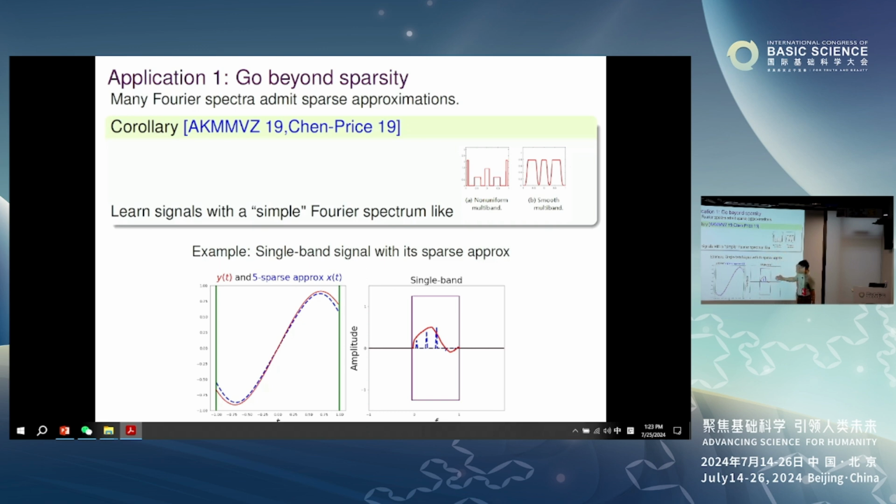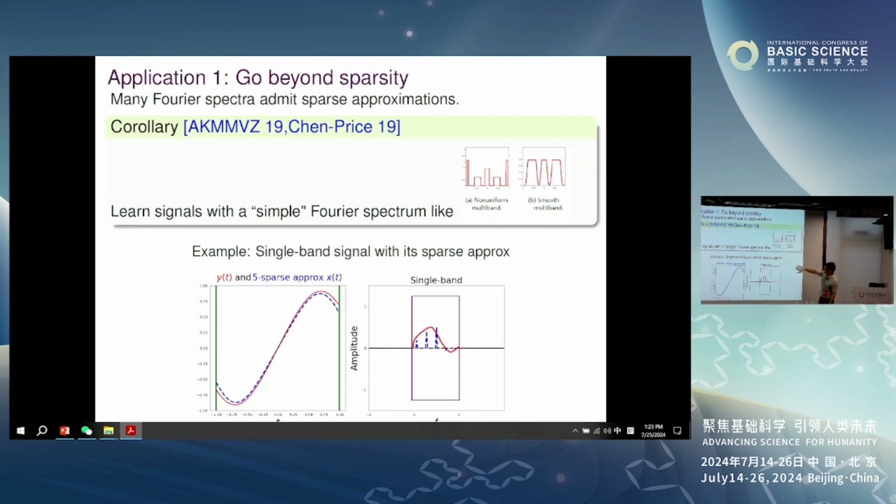Here is an example. The red signal has its Fourier spectrum supported in this band. This is the Fourier spectrum of the red signal. We can find a pretty good 5-sparse approximation. This will be my frequencies on the Fourier domain. There are only 5 non-zero frequencies, and it gives a pretty good approximation in the time domain.